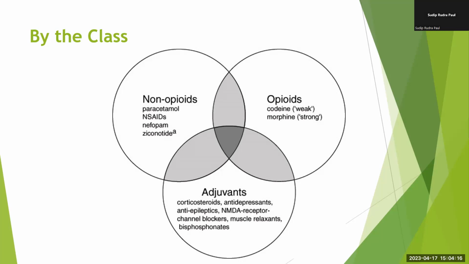The NSAID dose will just be more, and the patient might develop associated side effects. In the case of opioids also, if we use two different opioids at a time for the same patient, we may see some side effects of opioids. So we have to watch for those things.